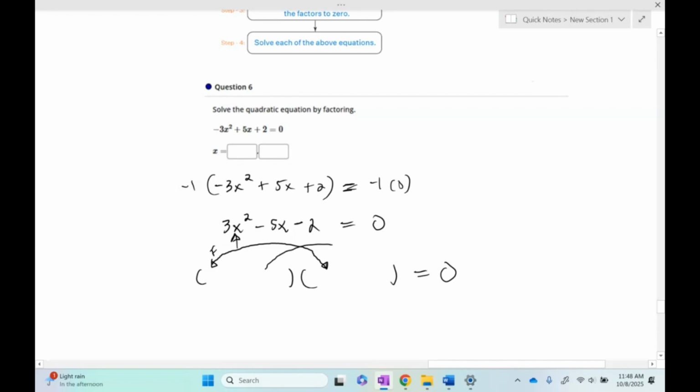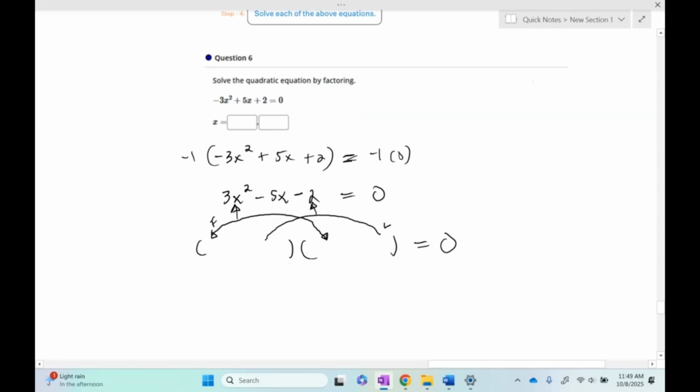Whatever numbers I put in for my last term, I should be able to multiply those and get a -2. The middle term is when I multiply my outermost terms and my innermost terms. I have to get the middle term, which is -5x.